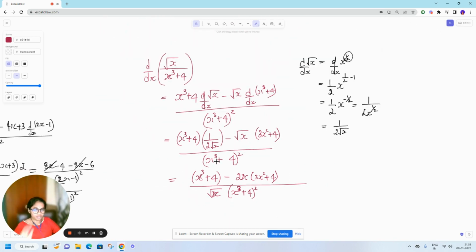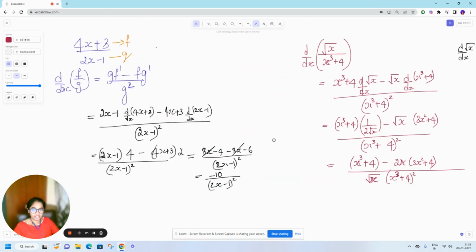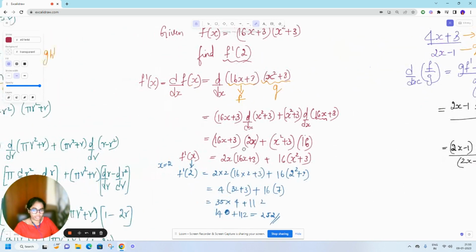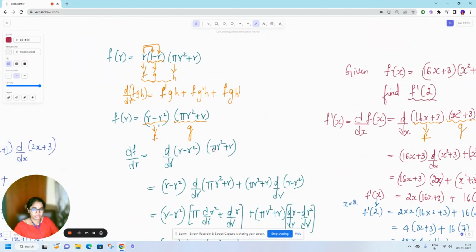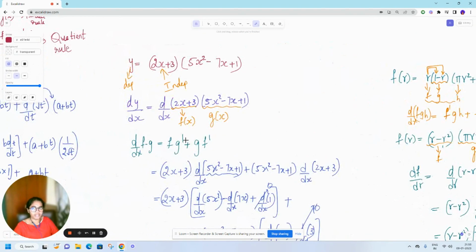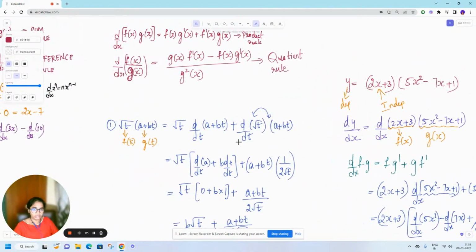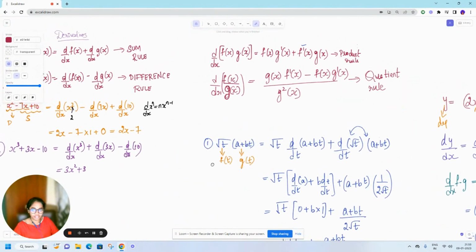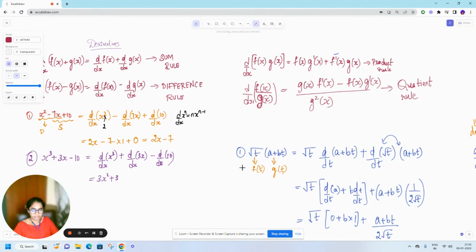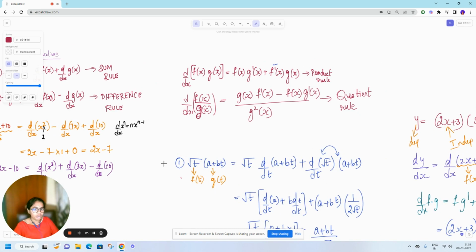So what did we study in this lecture? We studied the four rules, that is sum rule, difference, product, and quotient rule. Sum and difference is easy. If you have plus or minus in the middle, just give the derivative to each term. What is the product rule?